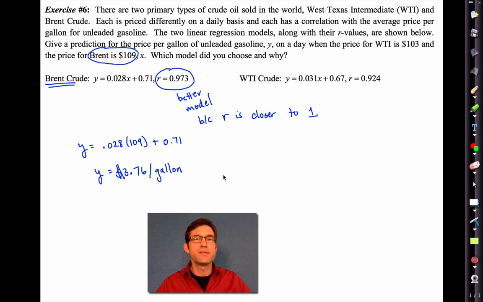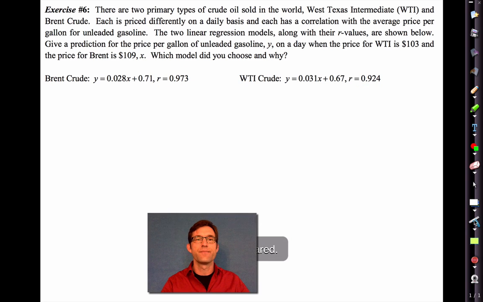Again, the important piece here is that I'm going to use this model because its R value is closer to 1 than this model. All right, that's it. Let me clear it out, and then we'll finish up the lesson.